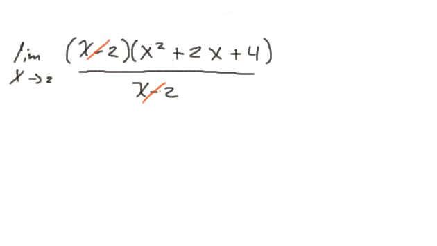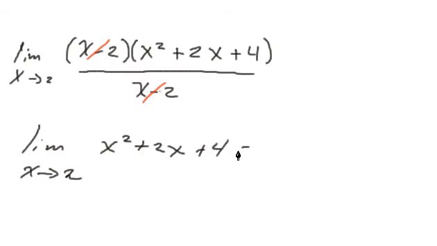and then do our direct substitution. So we have the limit as x approaches 2, rewriting just the numerator, x squared plus 2x plus 4 is equal to, so now we do the direct substitution, plugging 2 directly in.